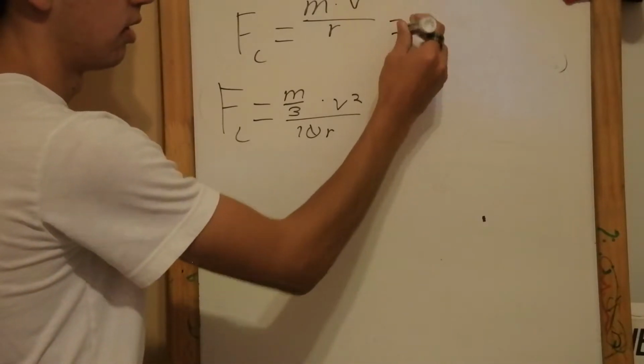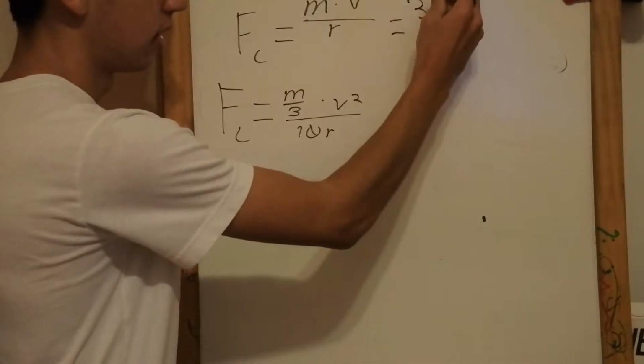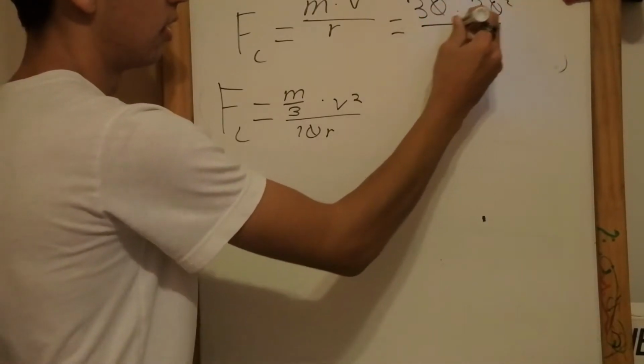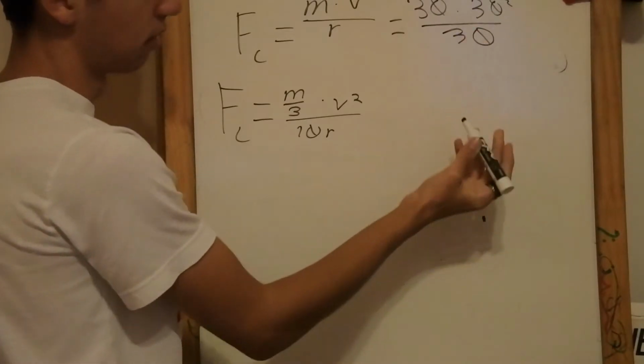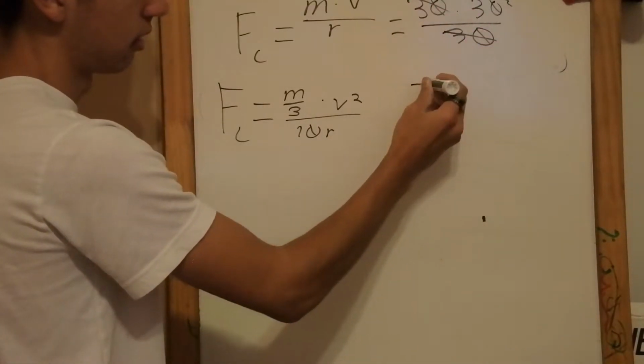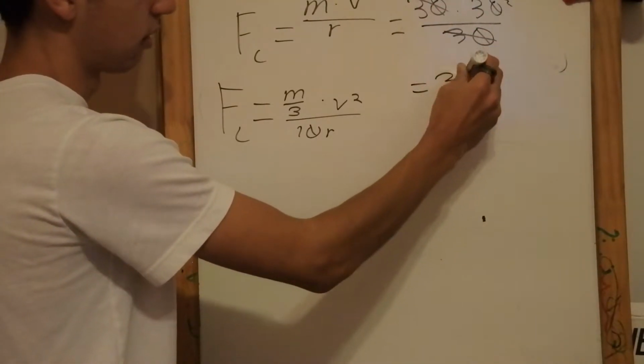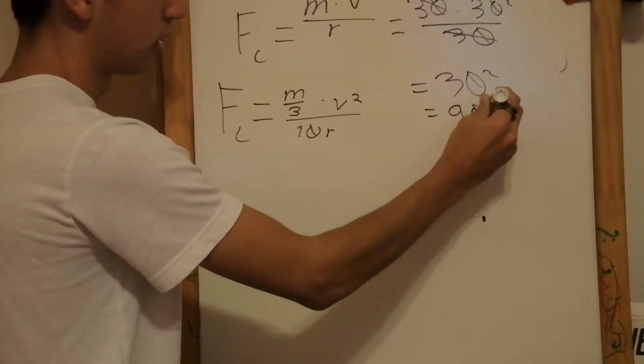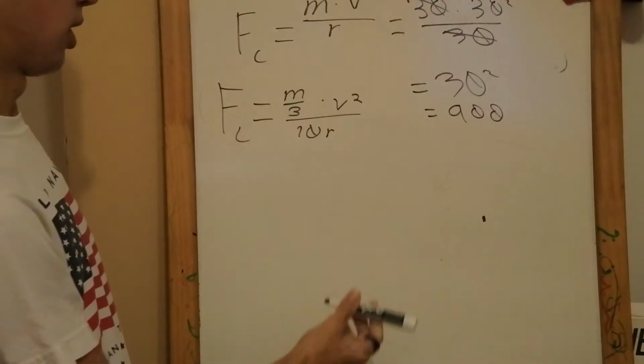So, similar routine, 30 times 30 squared divided by 30. Hopefully you've noticed the pattern by now. These two cancel. And our answer is just 30 squared, or 900. Okay?